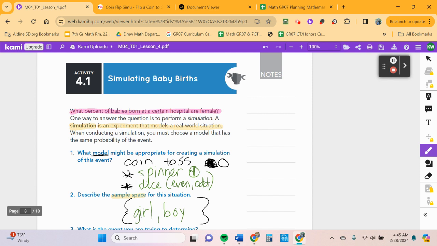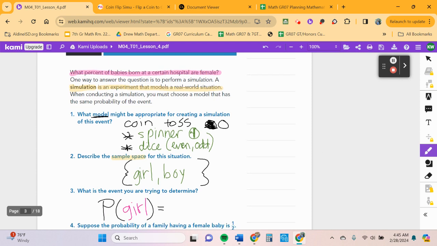And if you got anything else, such as pulling a name or a result out of a hat, or marbles in a bag, as long as it results in 2 possible outcomes, it is correct. Number 2 says describe the sample space. Remember, that's just all of the possible outcomes listed in those braces, which for this situation are girl or boy.